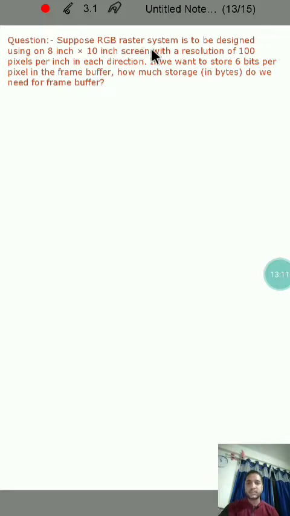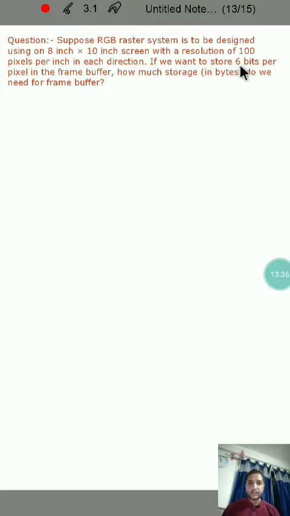So suppose an RGB raster system is to be designed using an 8-inch into 10-inch screen. Now here the resolution is given in the form of inches, with a resolution of 100 pixels per inch. So it is given that in one inch there are 100 pixels in each direction, that is horizontally and vertically both.